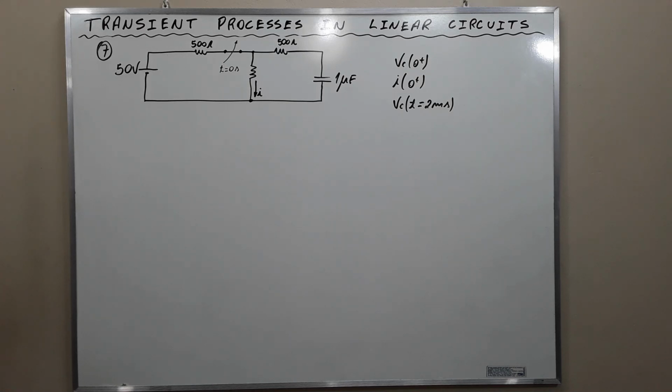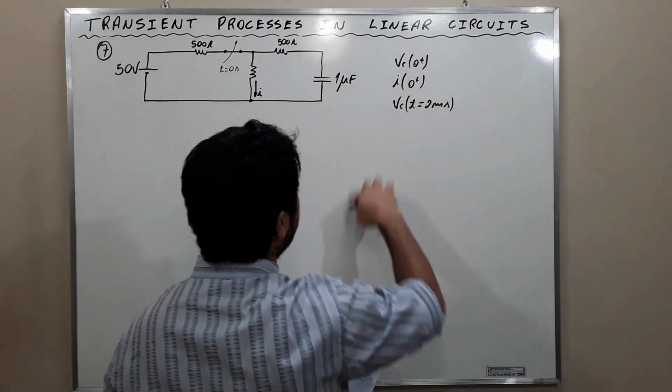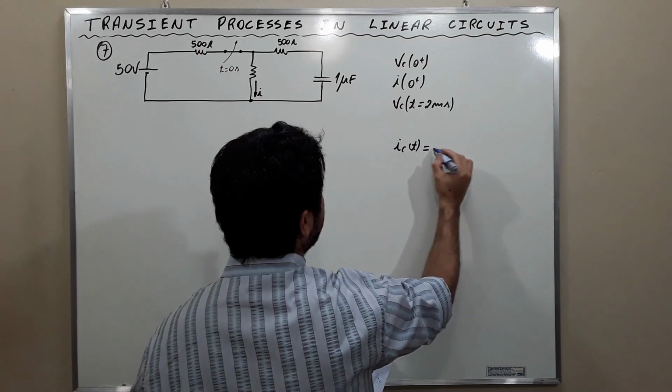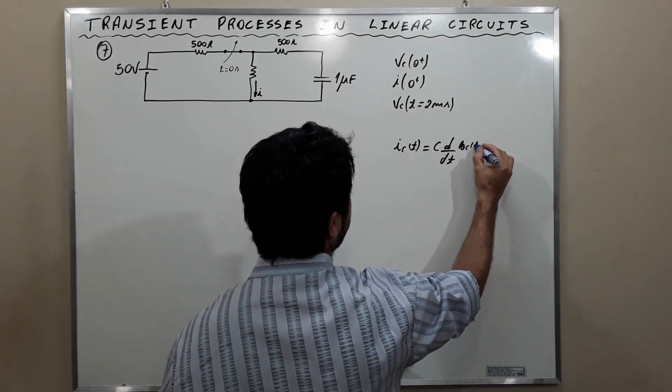In steady state, before the switch is opened, the capacitor behaves as an open circuit. We have already debated this. Just to refresh your mind, for a capacitor, IC of t is equal to C times the derivative with respect to time of the voltage.